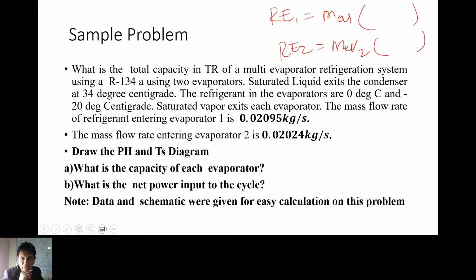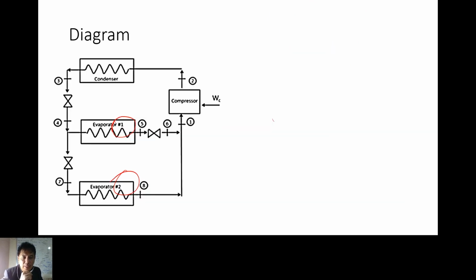The mass flow rate of refrigerant entering evaporator 1 is 0.02095. So, ang gagawin mo lang, lagyan natin dito. So, refrigerating effect 1 is mass evaporator 1 times H5 minus H4.